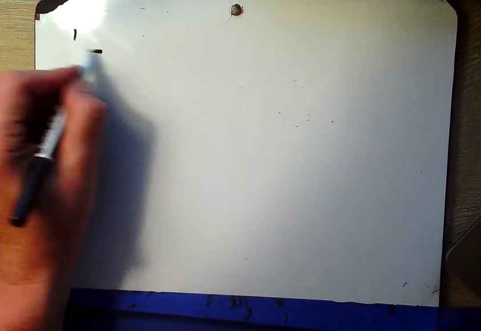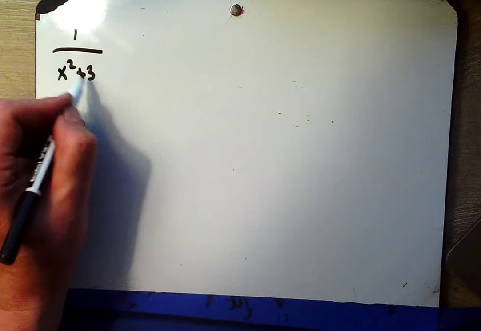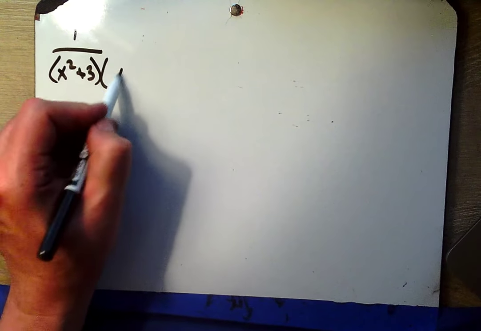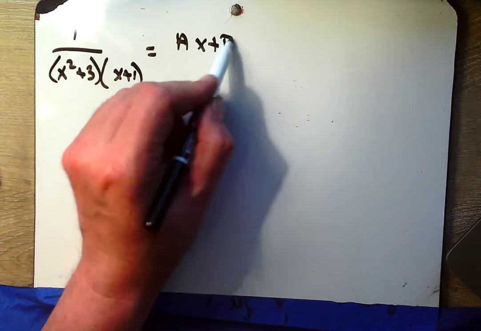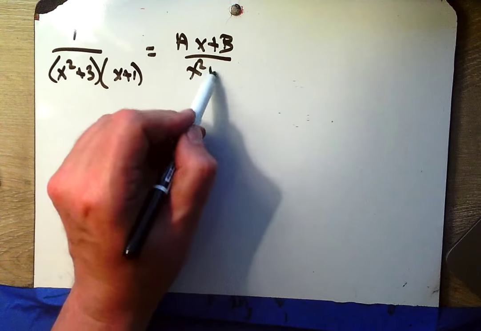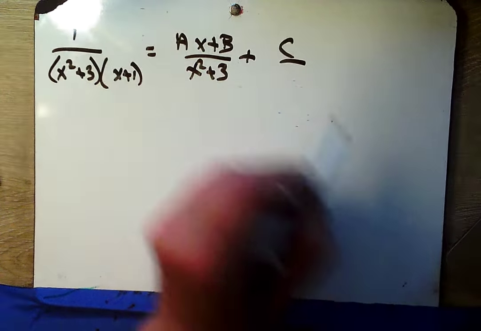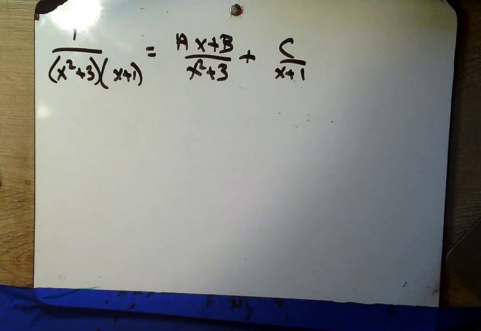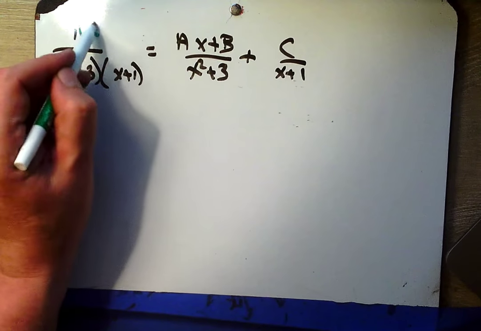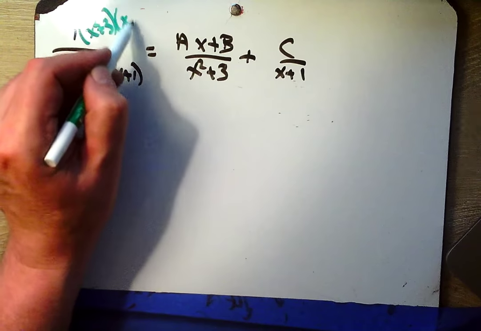I will, however, do that last problem, number 12, which is 1 over x squared plus 3 and x plus 1. So that's ax plus b over x squared plus 3 plus c over x plus 1. I'll multiply everywhere by my least common denominator, x squared plus 3, x plus 1.